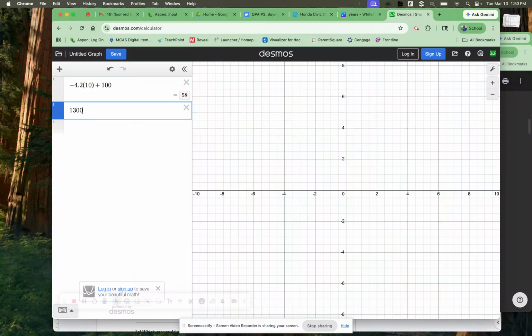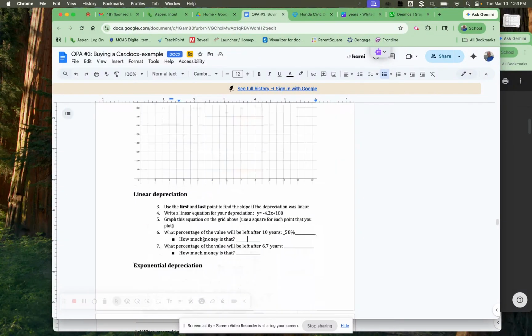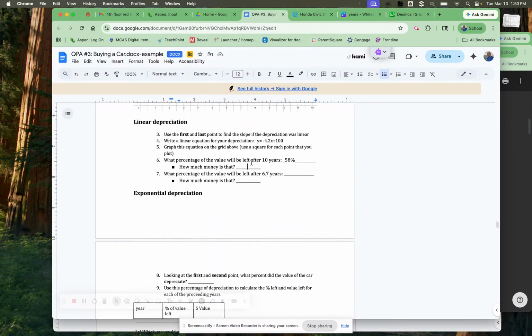So 13,000 times 0.58 equals 7,540. I'm going to put that in right here. So $7,540. That's how much my car is going to be worth after 10 years.